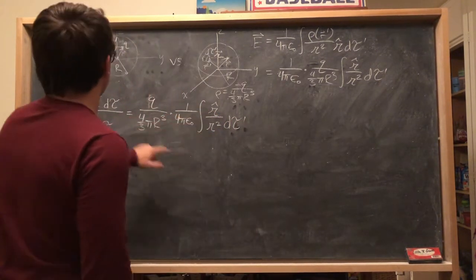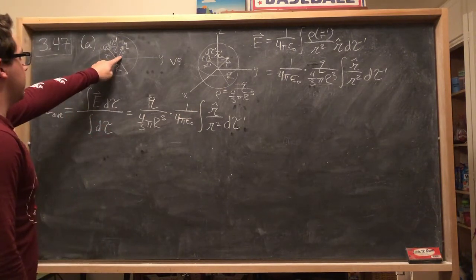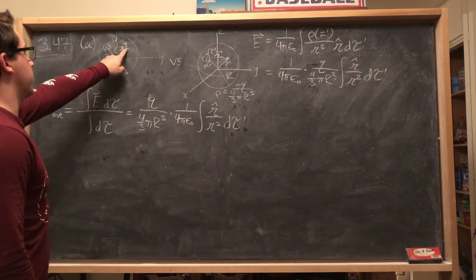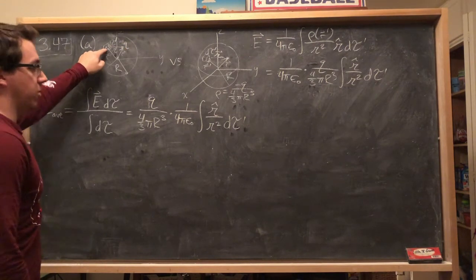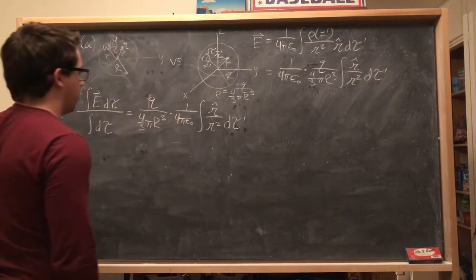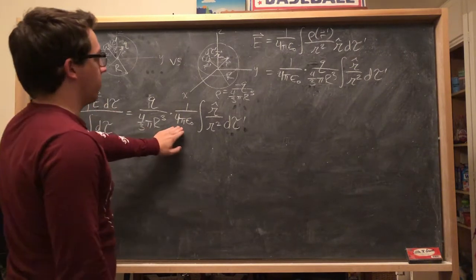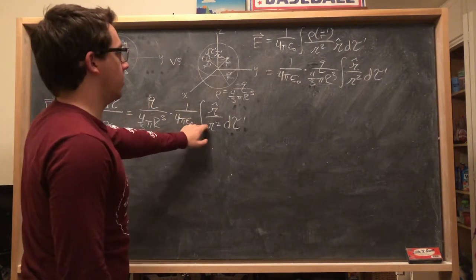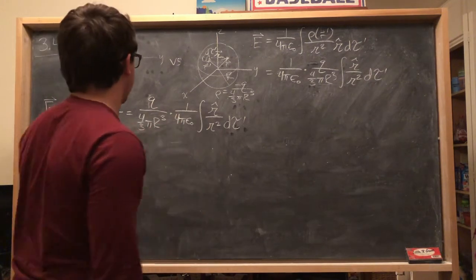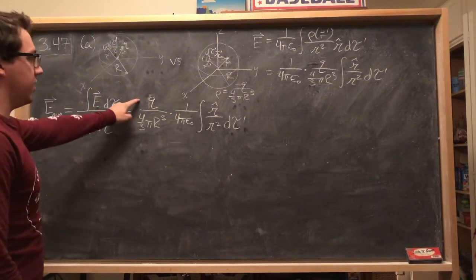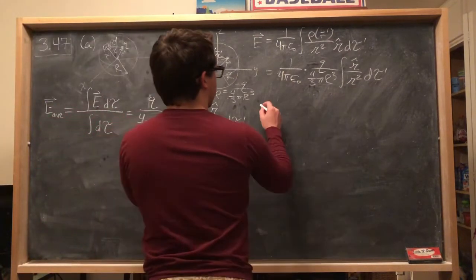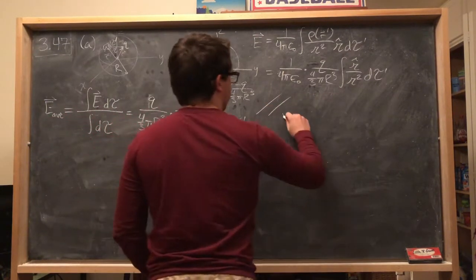And this time our script r's are correct because our script r's are going to be pointing away from where we place the point charge q to whatever volume element we're integrating at that moment. So 1 over 4 pi epsilon naught, q over script r squared, script r hat. And so we can see that these two equations are in fact the same.